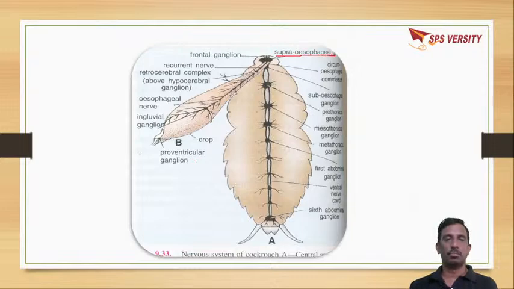There are prothorax, mesothorax and metathorax ganglia, and then the abdominal ganglia.